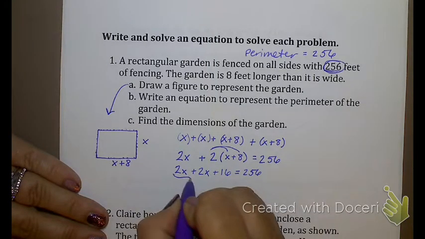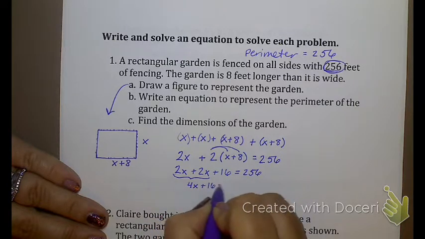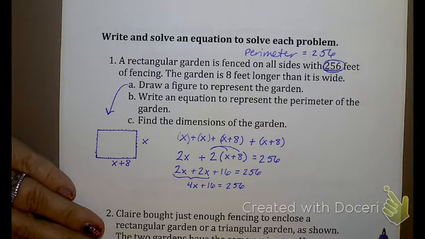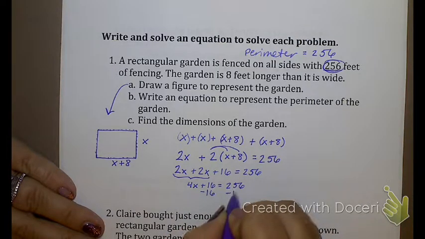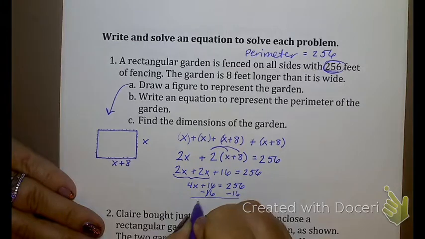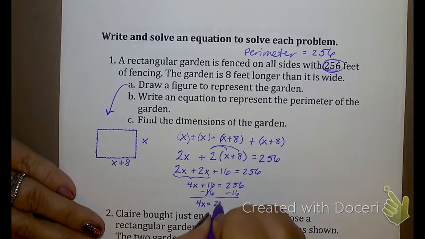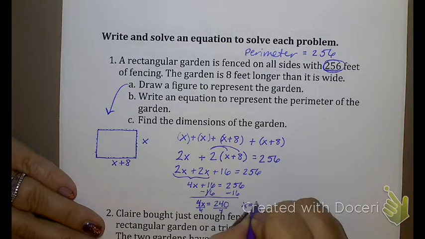Or in other words, I have 4x plus 16 equals 256. Yes? What do I do next? Subtract 16. That gives me 4x equals what? 256 minus 16 is what? 240. Divide by 4. And what does x equal? 60.